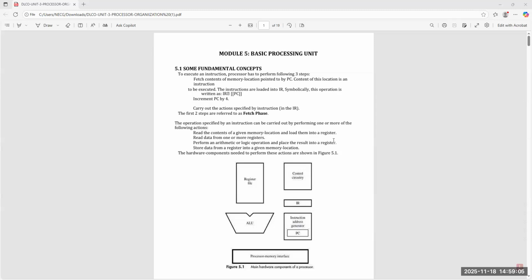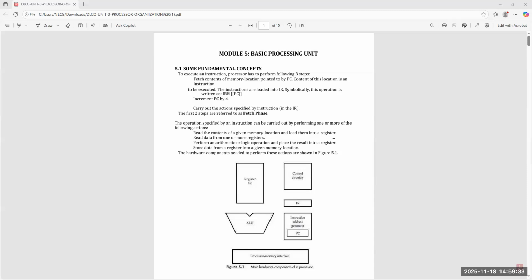That is, the CPU, called the Central Processing Unit; second, the Input and Output Unit; and third, the Memory Unit. These three parts are called the functional units of a computer system.